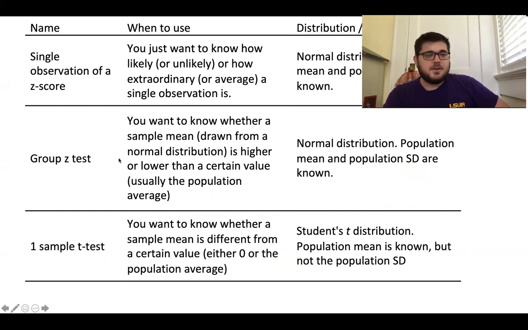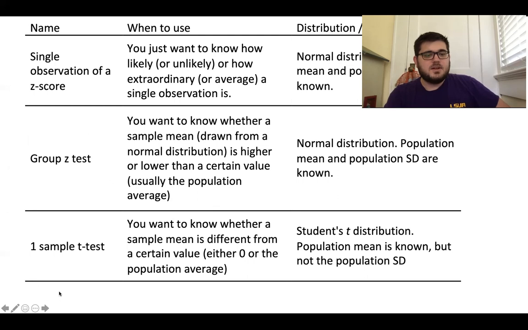Aside from that, the group z-test and the one sample t-test have very similar logic. If we see a big enough difference between our sample mean and our group mean, then p will be less than 0.05 and we'll reject the null hypothesis. The null hypothesis for these tests is that there's no difference between the sample mean and the population mean.